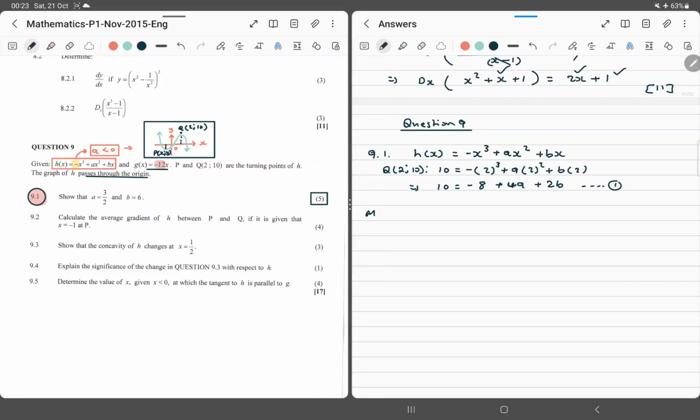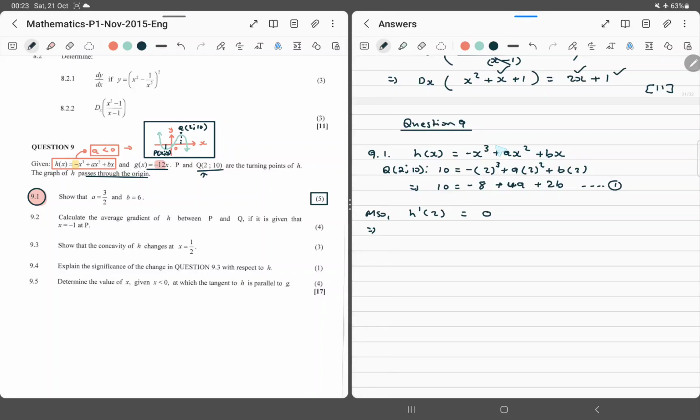Then what else do we know? Remember, at the turning point, when x is 2, the first derivative is 0 because these are stationary points. You can see the gradients are 0. So h prime of 2 should give us 0.